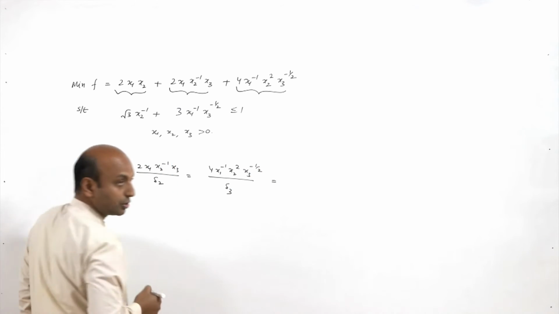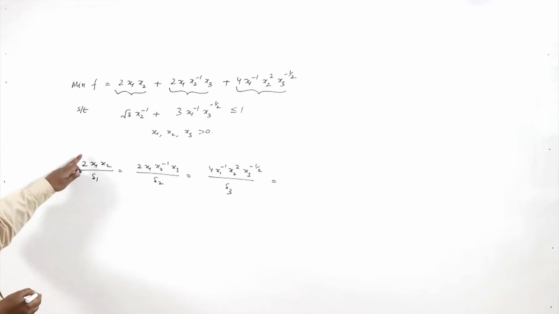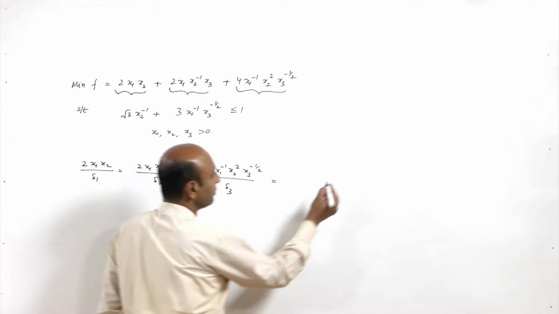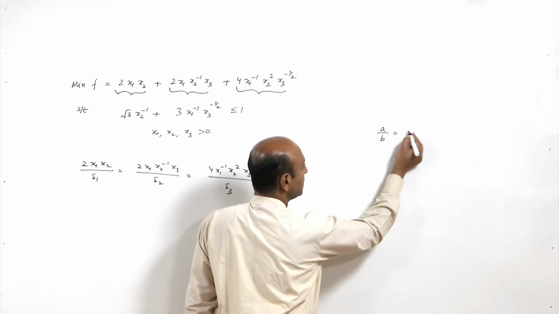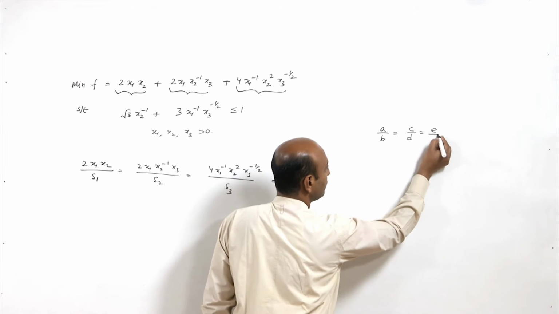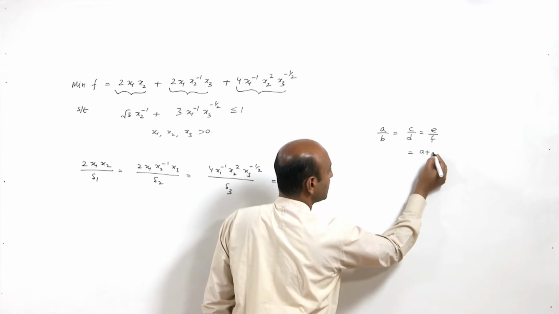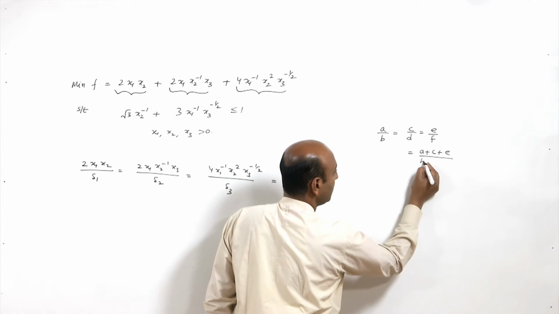Now if A upon B equals C upon D equals E upon F, then that also equals A plus C plus E upon B plus D plus F.